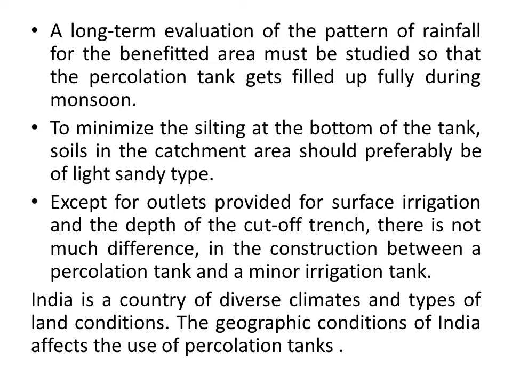To minimize silting at the bottom of the tank, soils in the catchment area should preferably be of light sandy type. So we should analyze the rainfall pattern so that the tank gets filled up fully during the monsoon, and the catchment area we choose should be of light sandy type to avoid silting of the percolation tank.